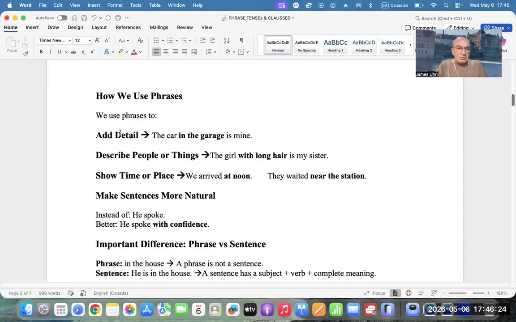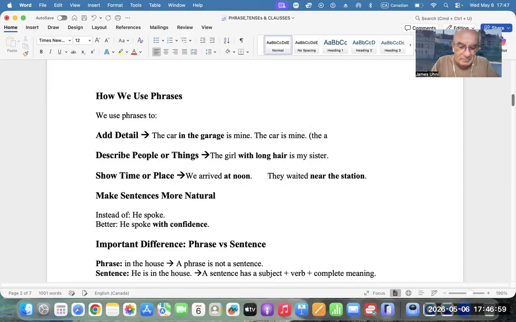We use phrases to add detail. The car in the garage is mine. All right. There is another one. The car is mine. Can I say that? Yes, I can. That is a perfect sentence. But in the garage is mine. So I will add additional information just for fun.